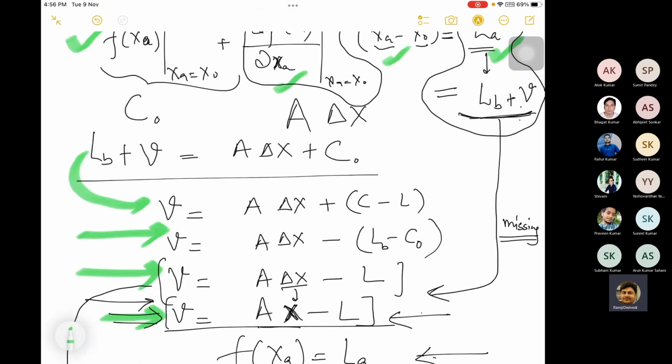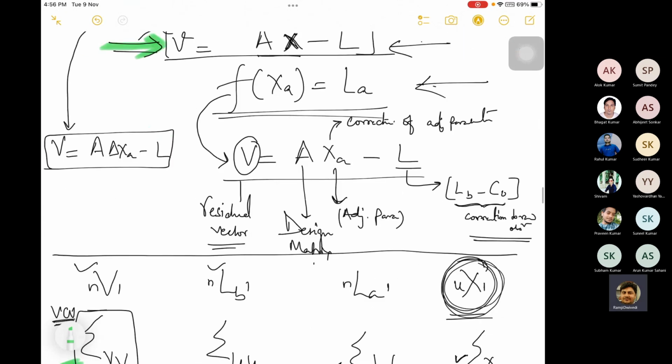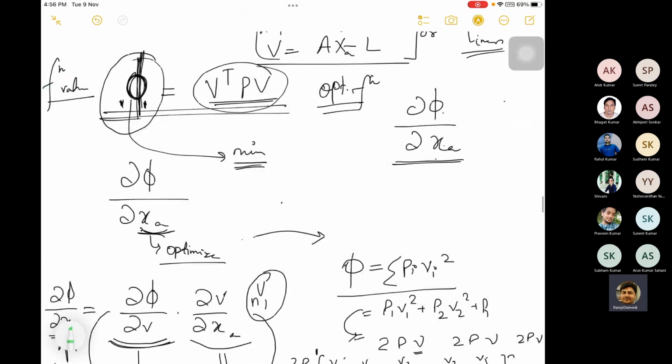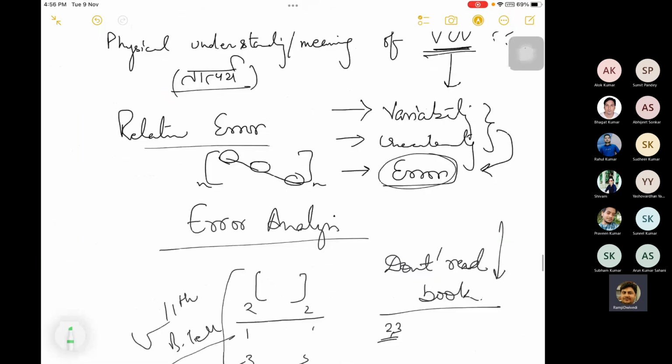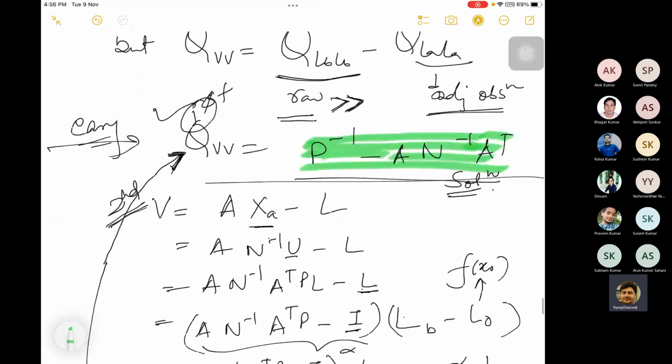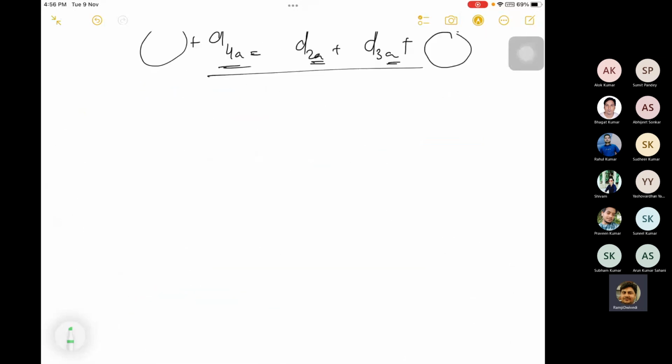If you do not do it, then it is not possible that just by looking at the problem you immediately start writing. One of the students said, sir, we are trying to form the loops. See, in the observation equation method you do not try to avoid the steps.